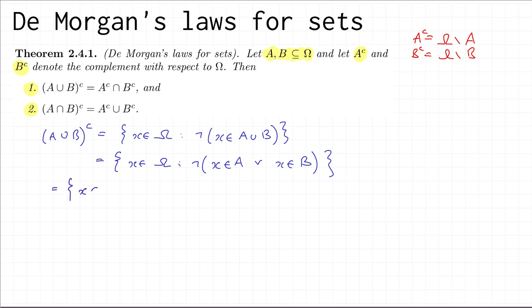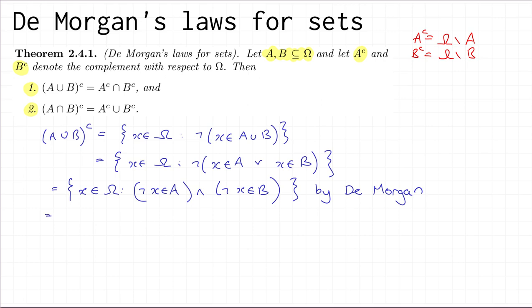That would tell us that this is all the things in omega such that x is not in A and x is not in B. So this is by De Morgan's laws in logic. Okay, what do I have here?